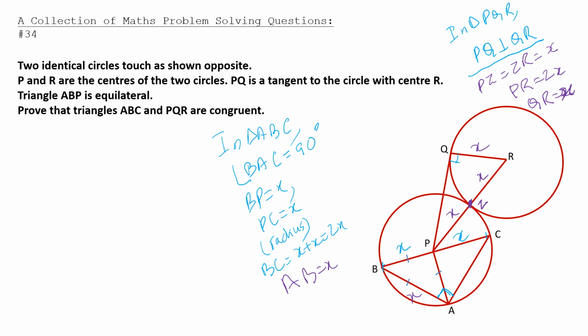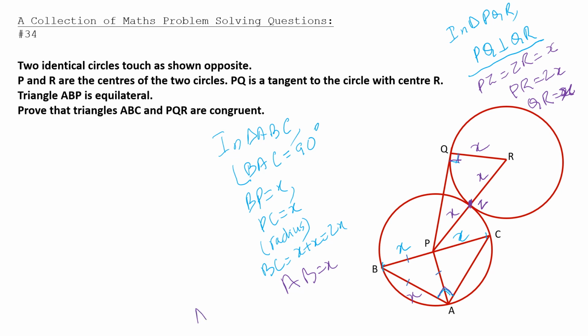The third side, we can work out using Pythagoras' theorem because we have right angle triangles. Triangle ABC and triangle PQR are right angle triangles. So we can work out the side AC.